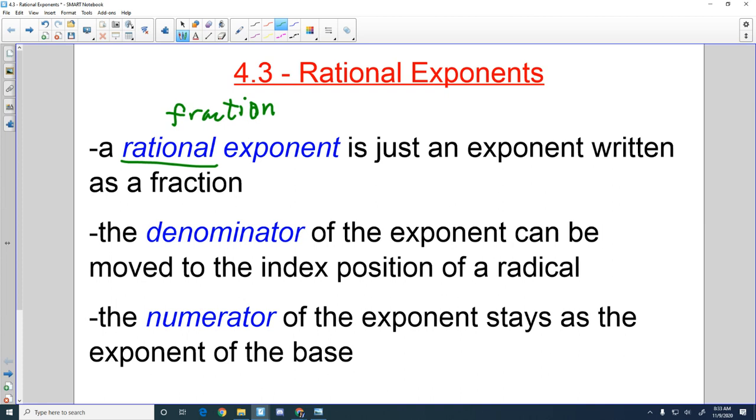Now, fractions have two parts, a numerator and a denominator. So if you have a term with a rational exponent, each of those pieces have a part to do with a radical, actually. Essentially, you take the denominator, which is the bottom.